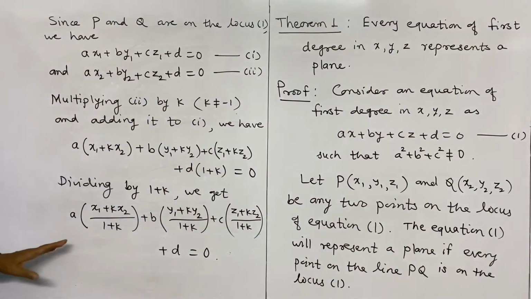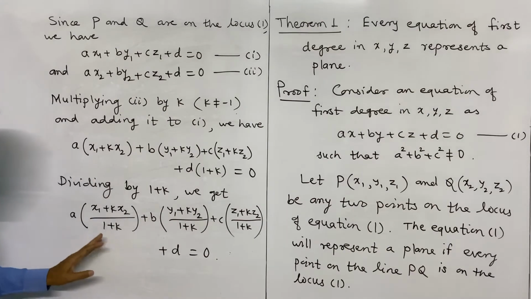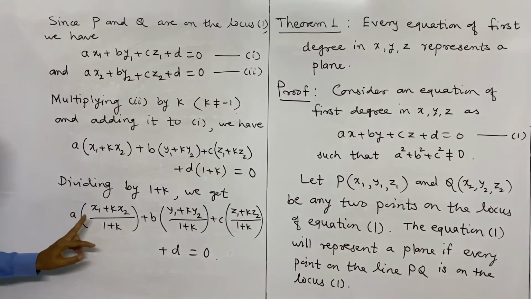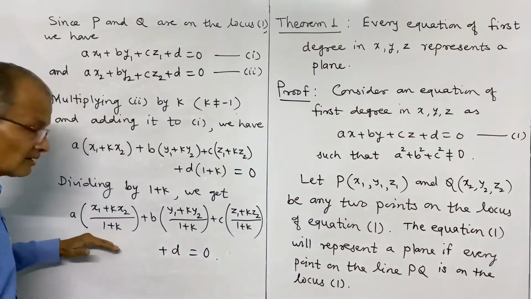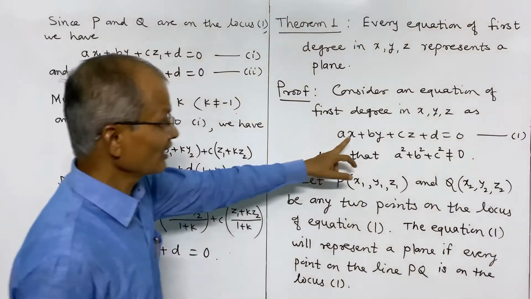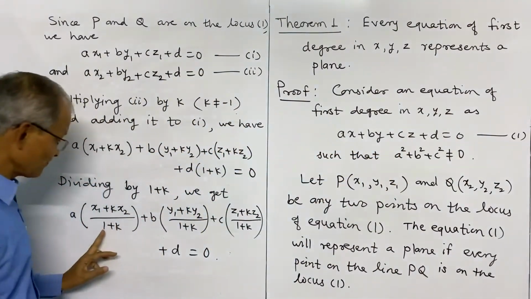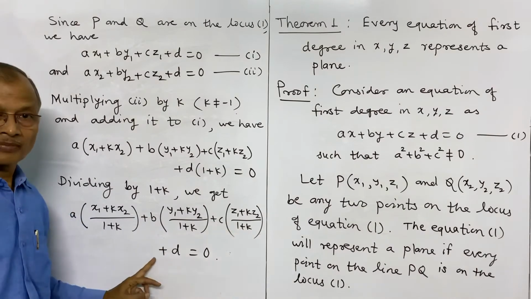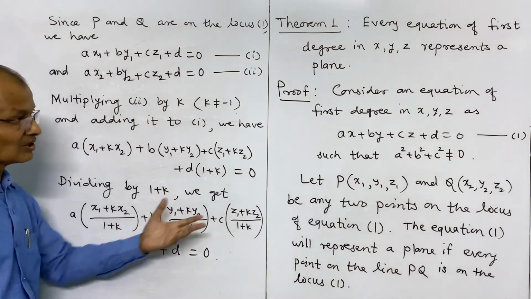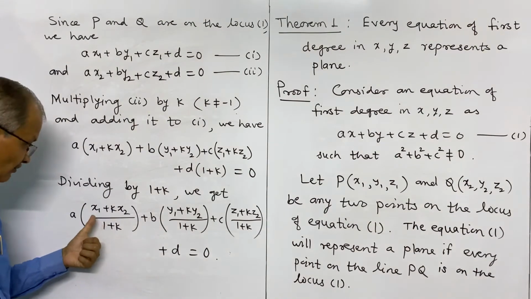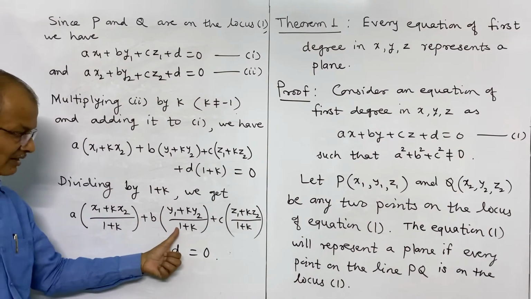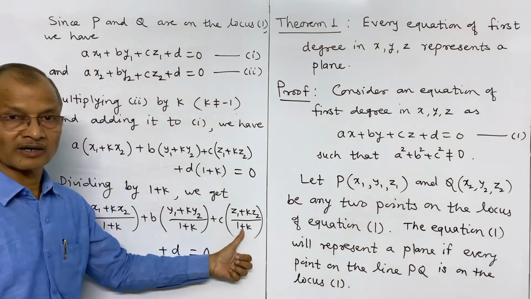Now you see what this suggests. This shows that, we observe this equation 1. It is the equation 1 where x, y, z are replaced by these values, and thus this equation 1 is satisfied by the coordinates of a point whose x coordinate is this one, y coordinate is this one, and z coordinate is this.